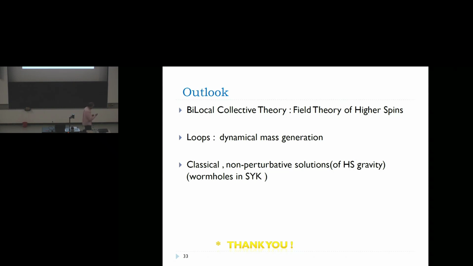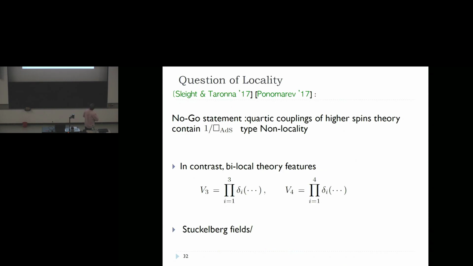So non-locality, from that study and earlier studies, it was concluded that the 4-point vertex is non-local, and in fact non-local in this sense that it contains inverses of the AdS propagator. So as you probably could see, the vertices that I wrote are essentially delta functions for this joining of bilocals.